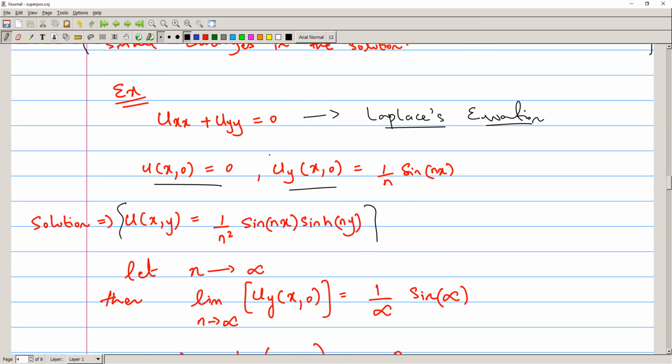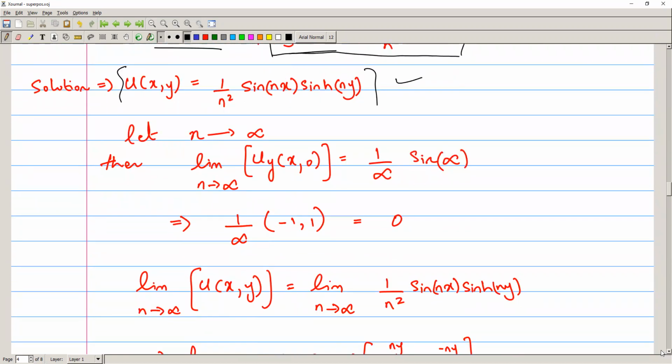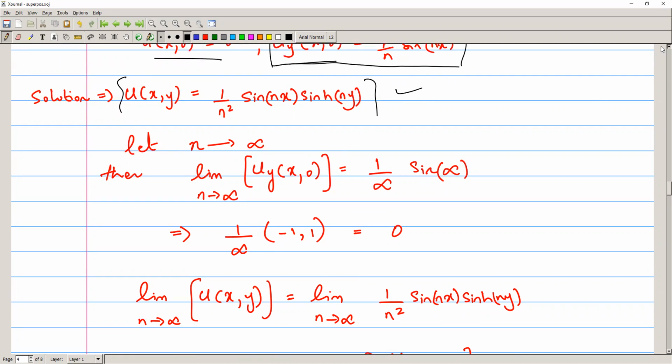So now we will check what will be the effect on the solution if we make a variation in the condition, right? This is our goal, to check the stability. So we are saying let n tend to infinity, and now we want to check what happens to the solution when n tends to infinity.